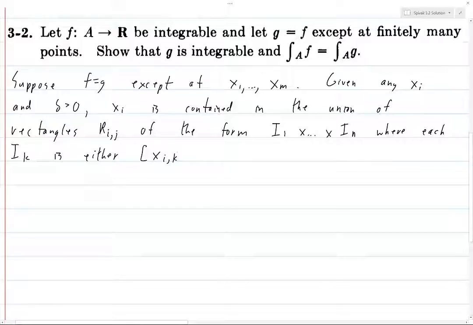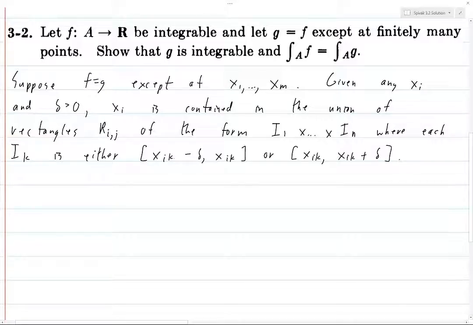So xi is a particular point, and xik is the kth entry in the element xi. k, of course, is between 1 and n. So it's either xik minus delta, xik, or it could also be xik, xik plus delta.